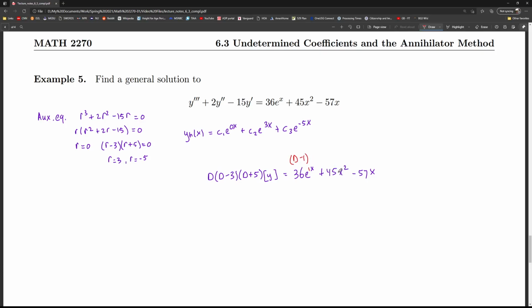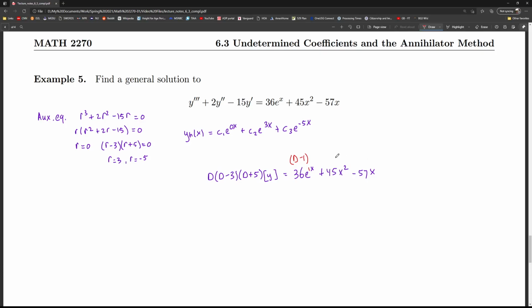And then the annihilator for the second part, well, if you differentiate x one time, you get 1, and then you differentiate it another time, you get 0. So D squared would annihilate this. And similarly, D cubed would annihilate this. So what we could do is D cubed times D squared.